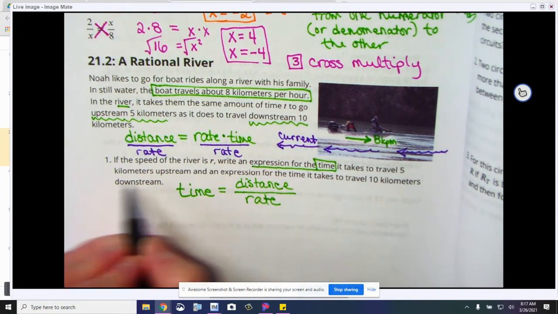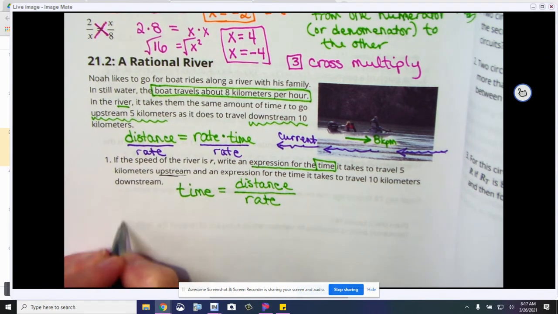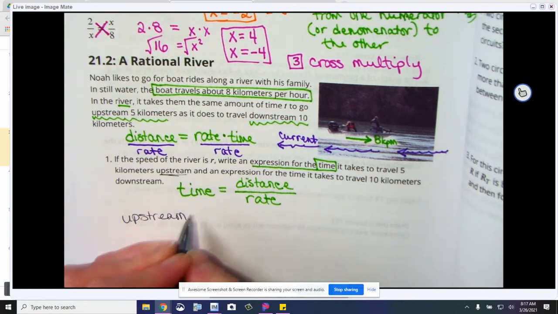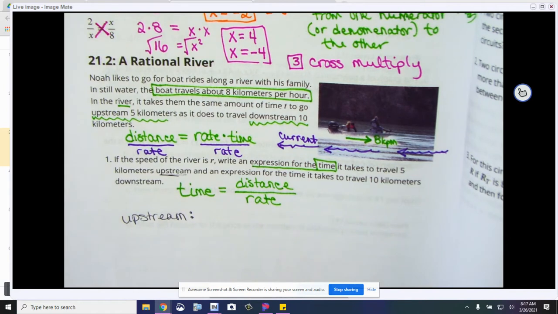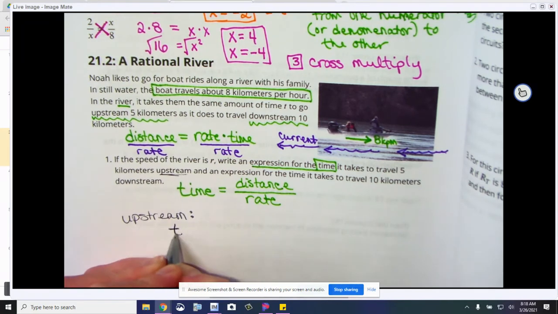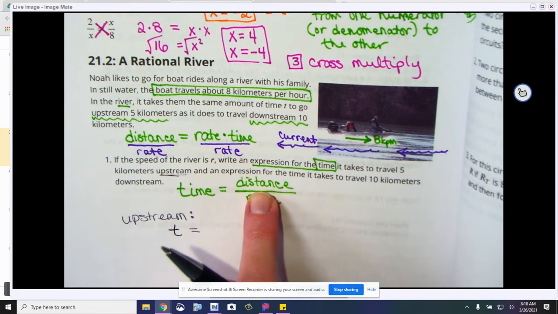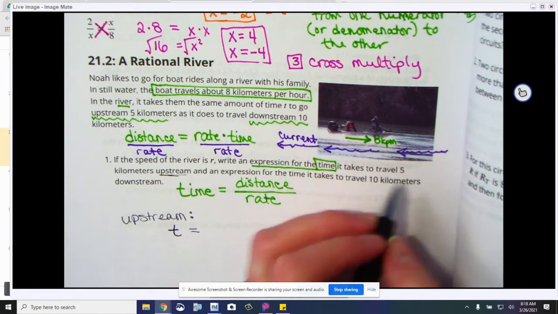Let's start with our upstream equation. Upstream, t, time, equals, let's see, the distance that they're going upstream tells us that right there.